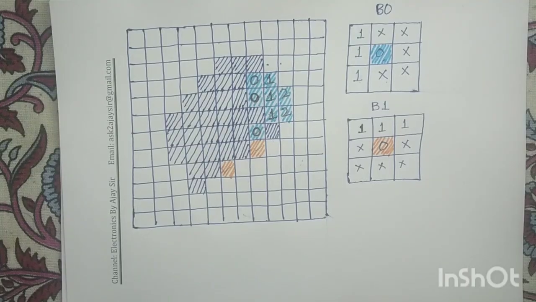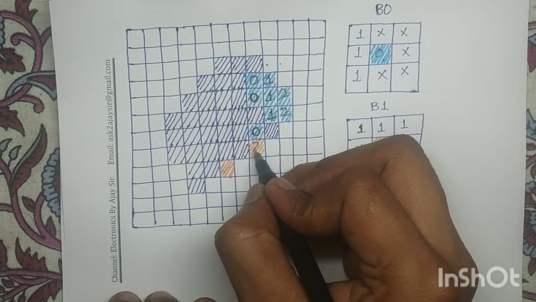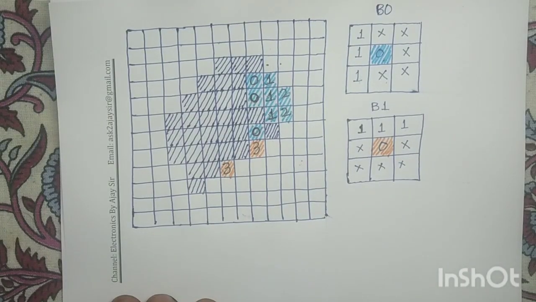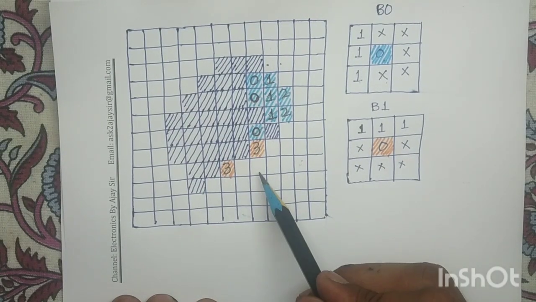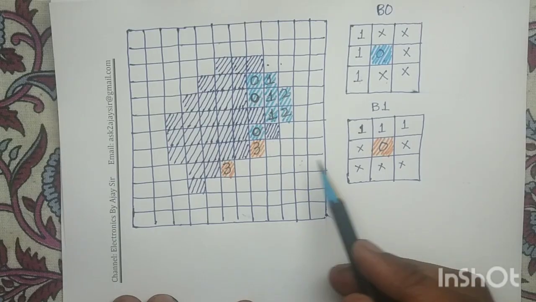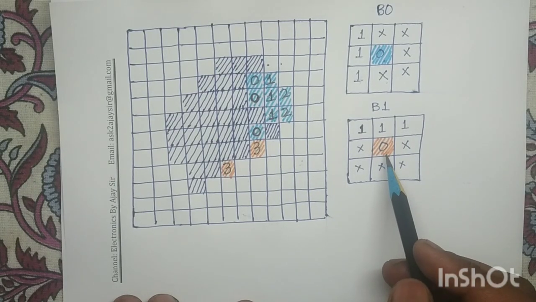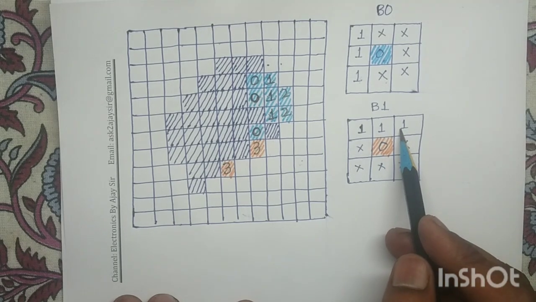And since overall this is my third iteration, I will use the indexing 3. Next, again on this intermediate result, we will apply the hit or miss with this structuring element B1. We have to find those hit points where the center pixel is 0 and the above 3 are logic 1.